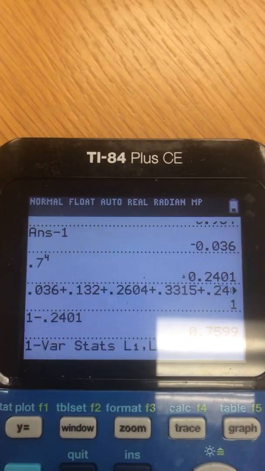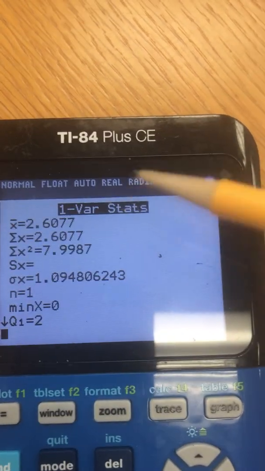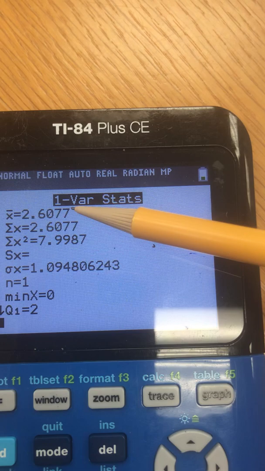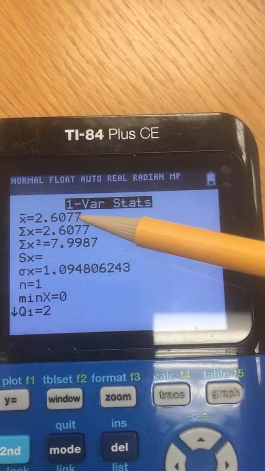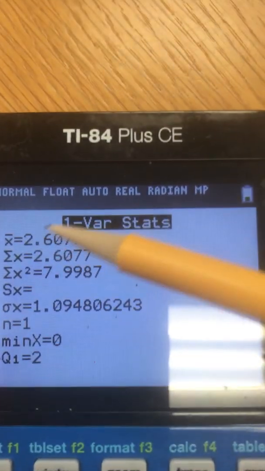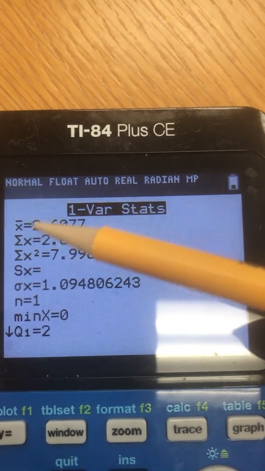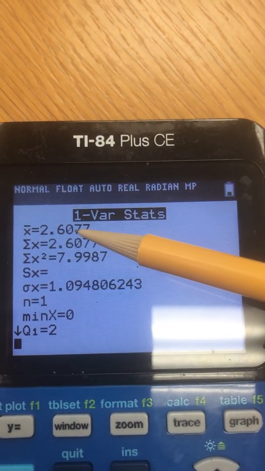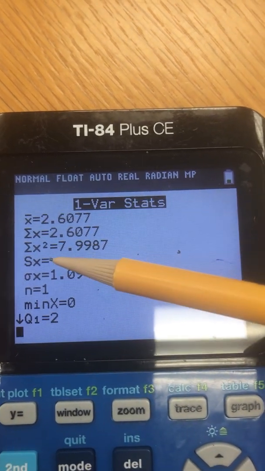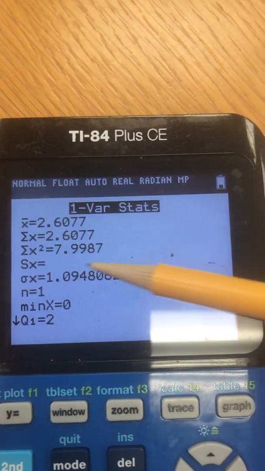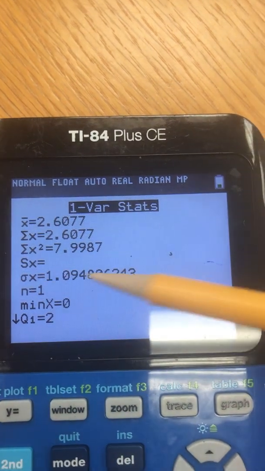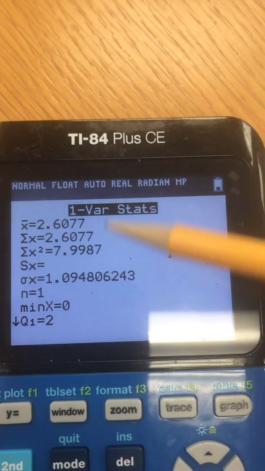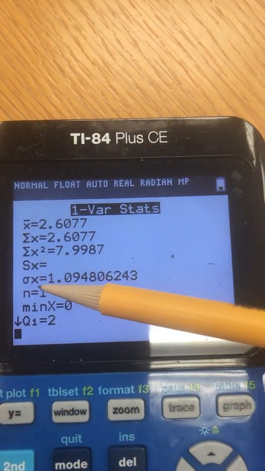So second, number 2, accesses list 2, calculate, and the statistics, the values coming from my sample appear. X bar meaning the mean of my sample. So on average, I expect 2.6 quizzes passed out of 4. It didn't give a sample standard deviation, it gave a population standard deviation. We're going to go with that one since I gave it the frequency list.